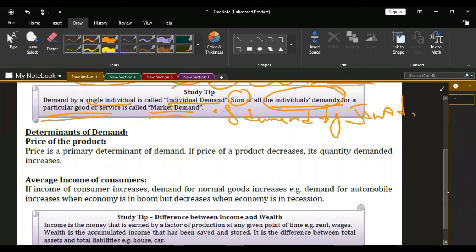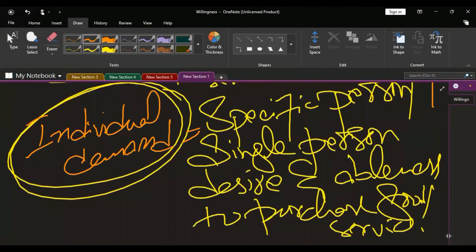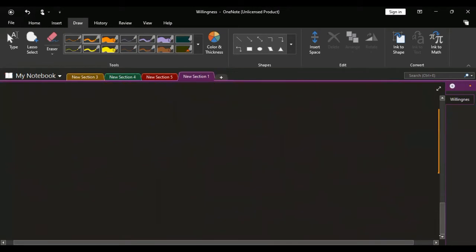Now let's move to the determinants of demand. What are determinants?